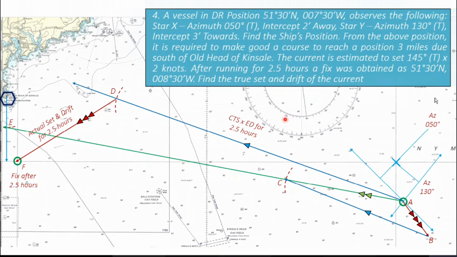So this 2.5 hours triangle which we have made here is the actual triangle which has taken place. The initial 1 hour triangle Alpha Bravo Charlie which we had made was an estimation. It was an estimation triangle which we made to find out what course we should be steering.